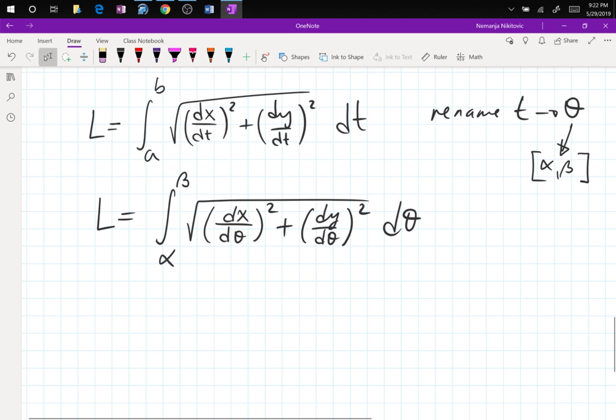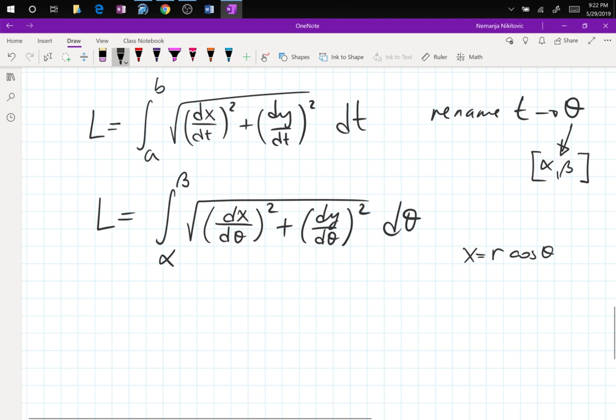And remember that we need to have everything in terms of r and theta, not in terms of x, y, and theta. We do have those conversions, if you remember, where x is equal to r cosine theta. And r is a function of theta.